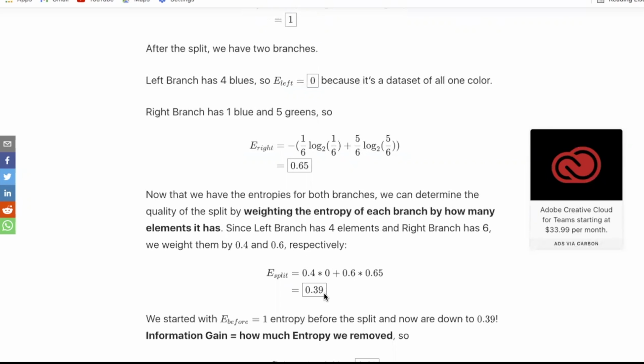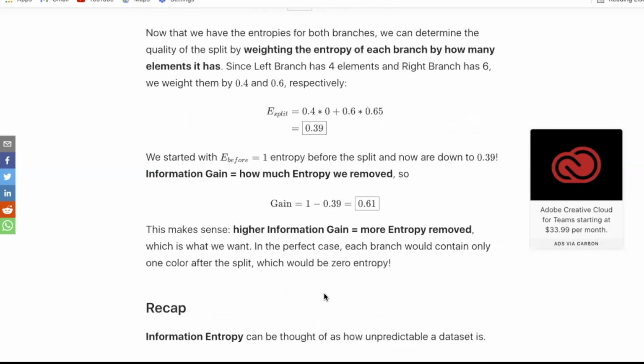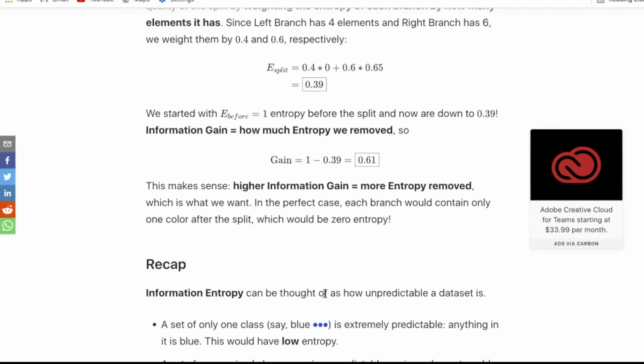So what is the information gain? For the parent, we saw the entropy is 1, and for the child, the overall information entropy is 0.39, so the information gain is 0.61. So from here it is clear that in the first case the information gain is higher, so the first split is better.